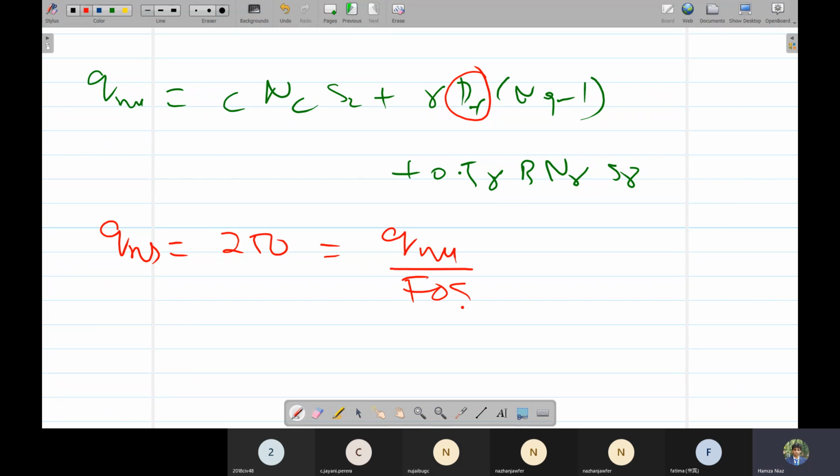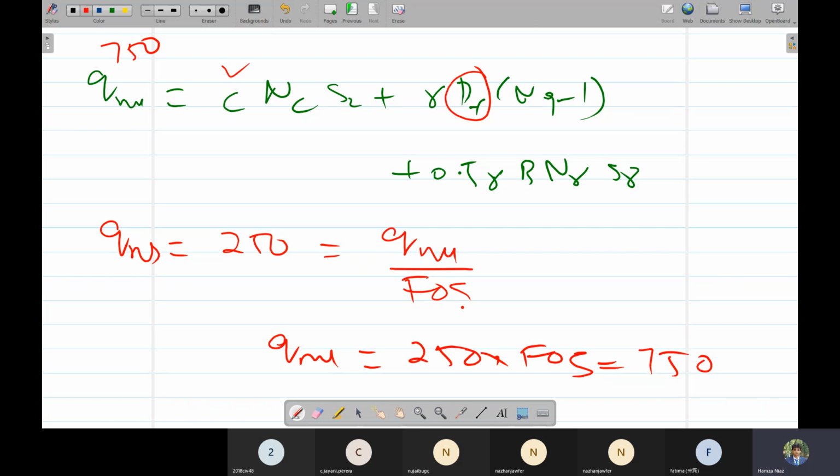So simply net ultimate would be 250 into factor of safety. That is 3. So 750. Now simply put 750 on left hand side.